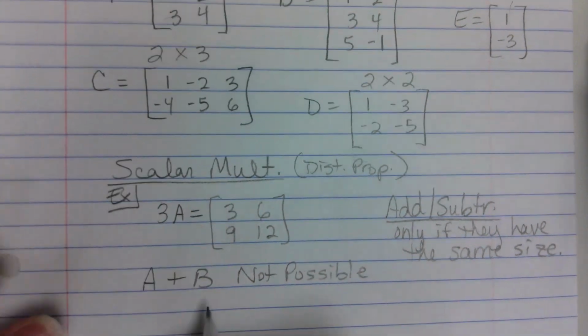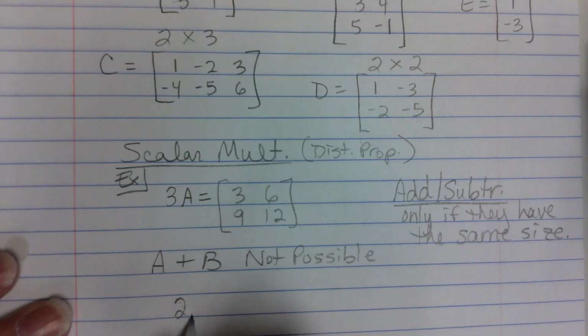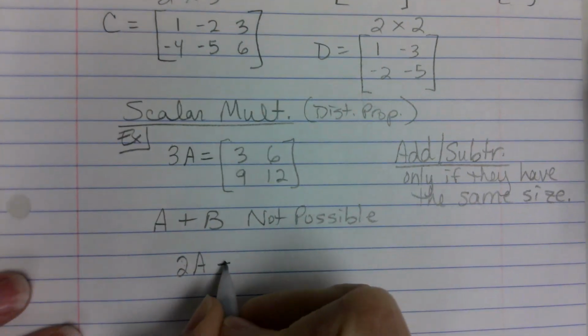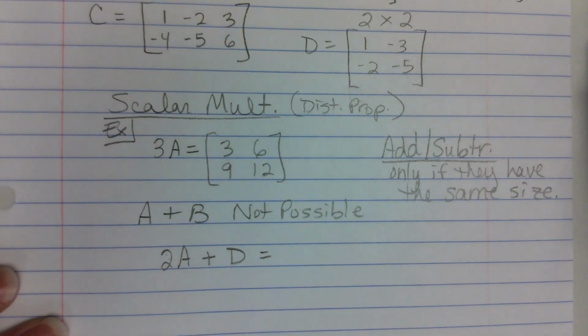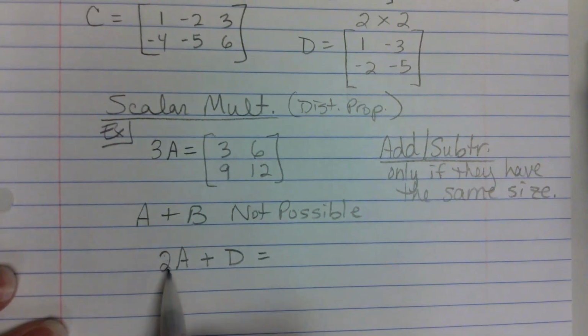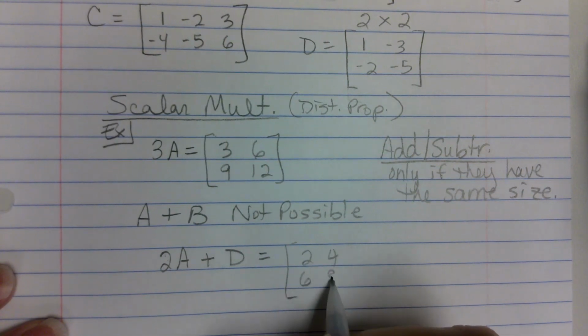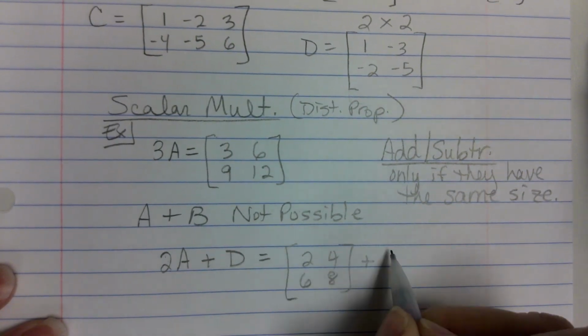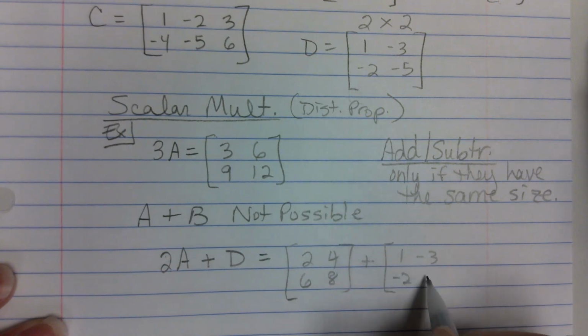So here, let's be creative. Let's say 2A plus D. 2A is 2, 4, 6, 8. That will be the same size, right? D is 1, negative 3, negative 2, negative 5.